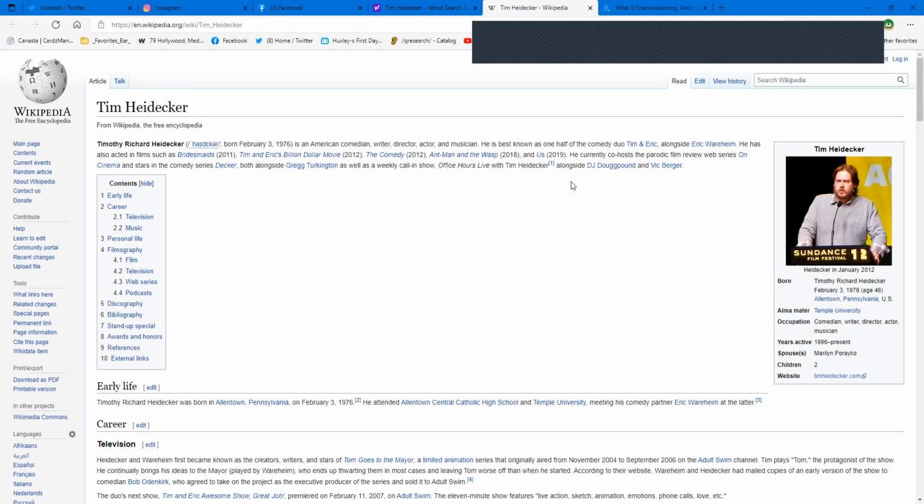Tim Heideker is an American comedian, writer, director, actor, and musician. He is best known as one half of the comedic duo Tim and Eric, along with Eric Wareheim. He has also acted in films such as Bridesmaids, Tim and Eric's $1 Billion Wedding, the comedy Bridesmaids. I've seen that movie.